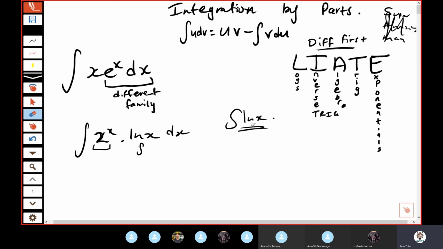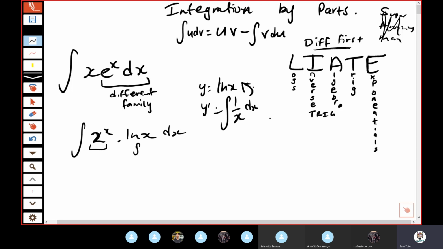Integrals of logs are impossible. We can differentiate logs. You can differentiate a log, and then that becomes 1 on x, derivative of the inside over the inside. Or we can integrate 1 on x to get a log, but we've never integrated logs. That's impossible for now, until we learn obviously integration by parts, which makes it possible.